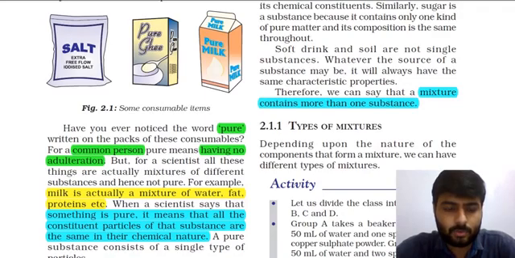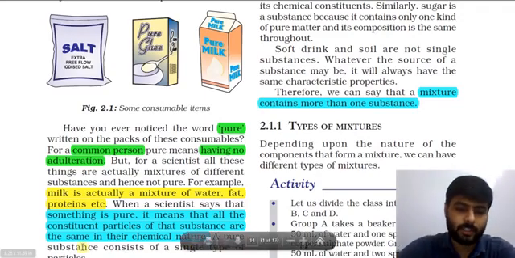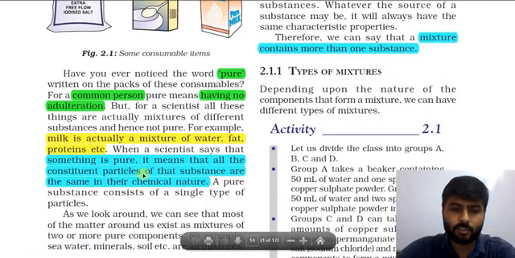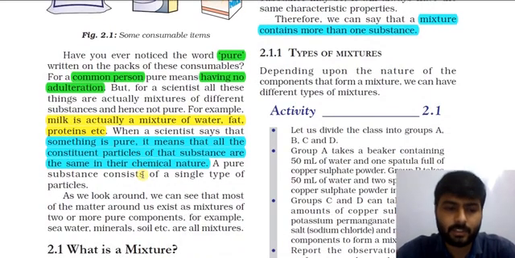So the meaning of pure for a common person is no adulteration, but for scientists all these things are actually mixtures of different substances and hence not pure.